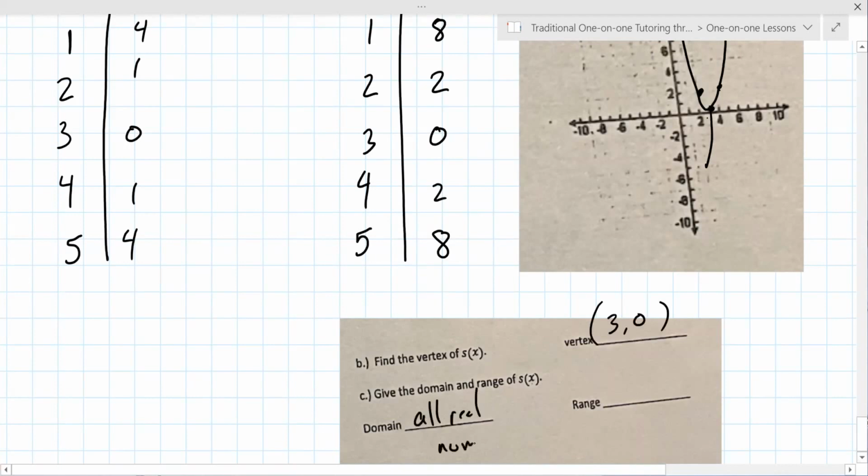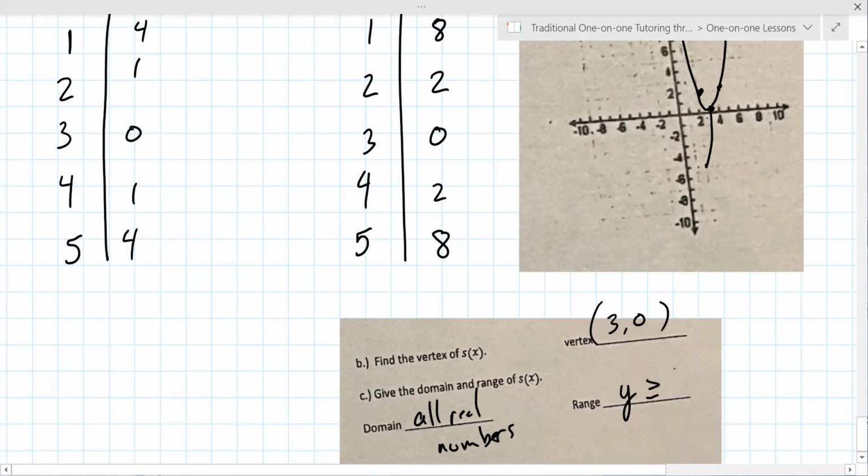So it's 3, 0. The domain is all real numbers. Now the range is y greater than or equal to whatever the y value of the vertex is, which is 0.